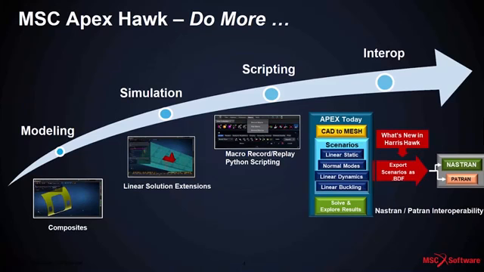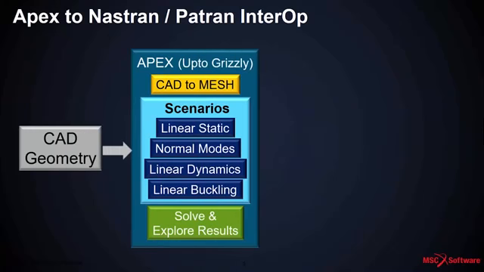So there's been a considerable enhancement in different parts of Apex: enhancements in modeling, in simulation, in the scripting capabilities, and all new interoperability in Apex. So what is the interoperability that we are supporting in Apex?